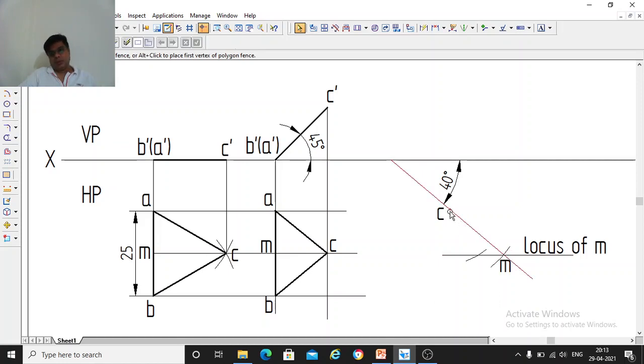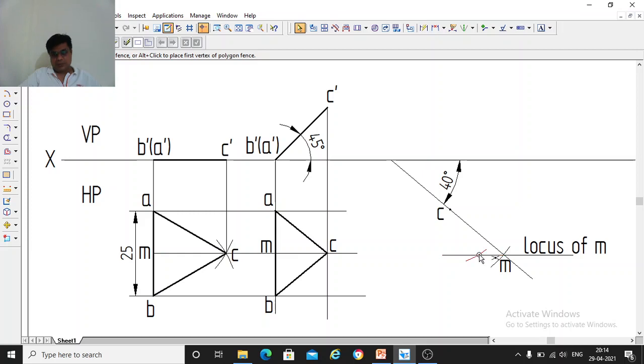So now you have CM. This CM is the true length which you have drawn on the 40 degree line, and you have drawn one more line CM which is equal to the apparent length. That arc is touching the locus here.